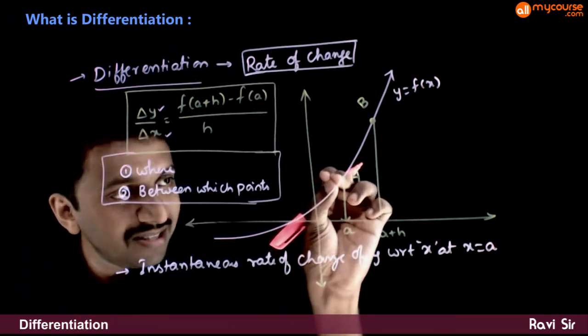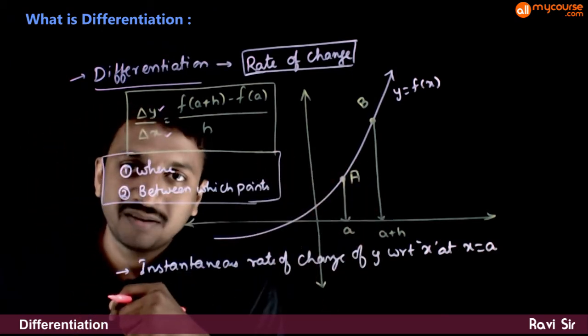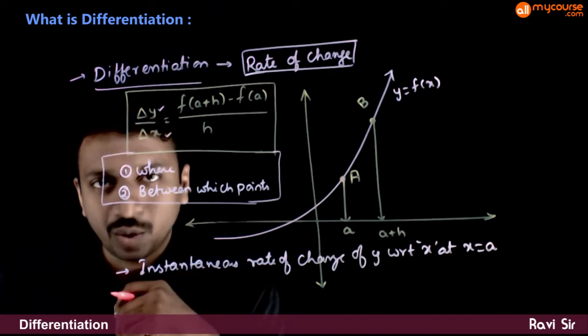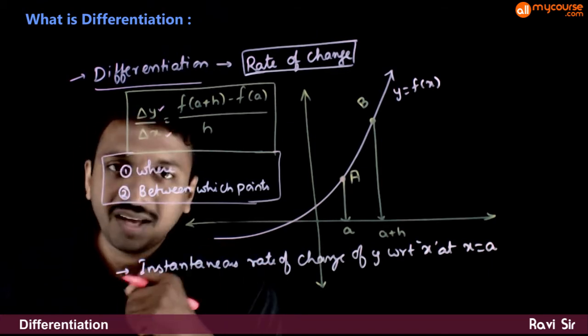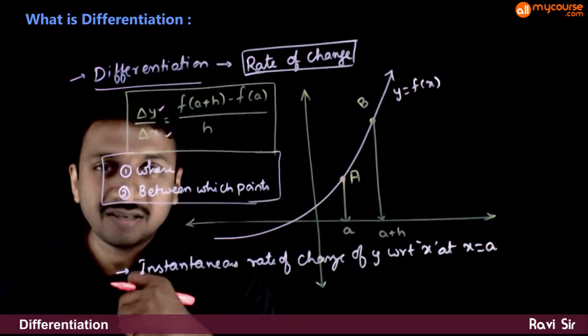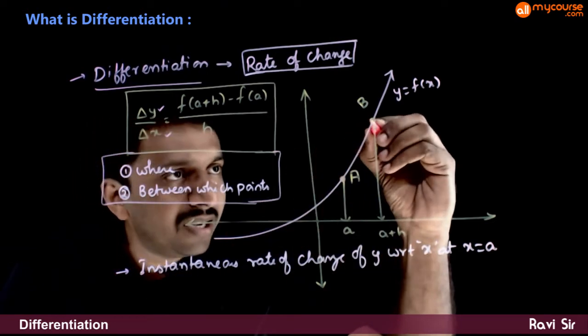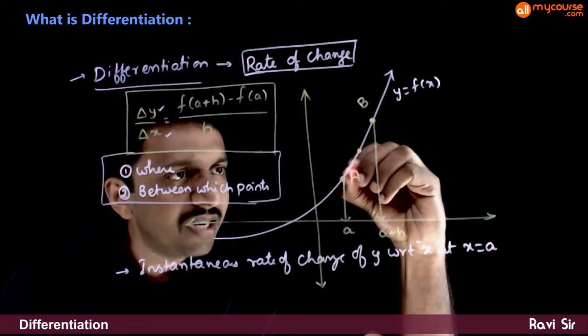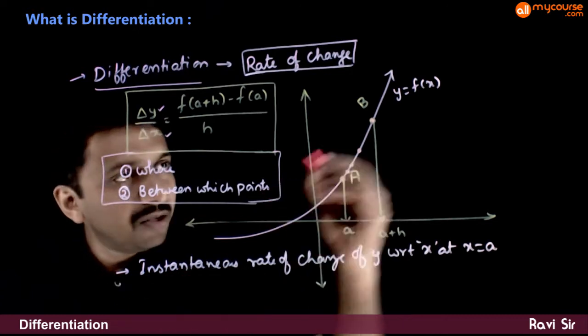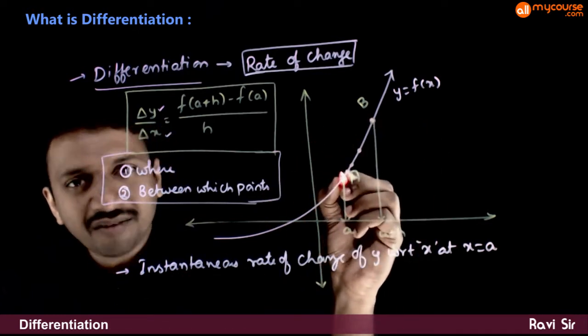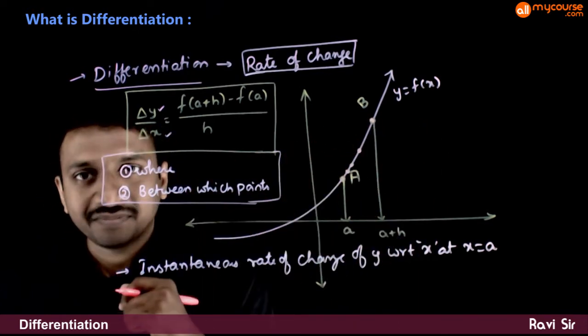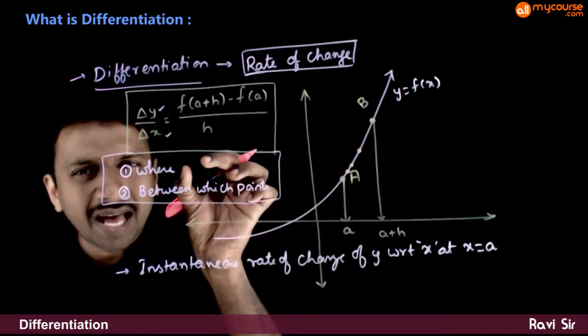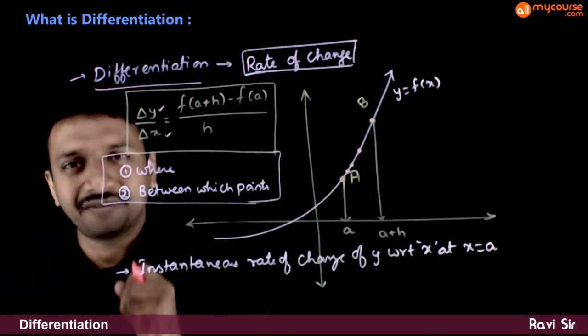Now if I want the instantaneous rate at this point, what should we do? One of the intuitive methods is that you bring B closer and closer to A. You bring the second point very close to A, so that A and B are nearly the same but slightly different.